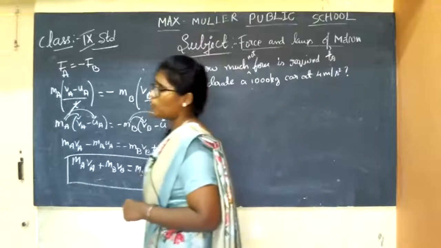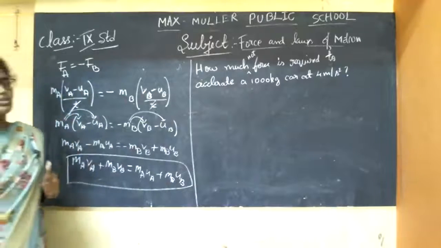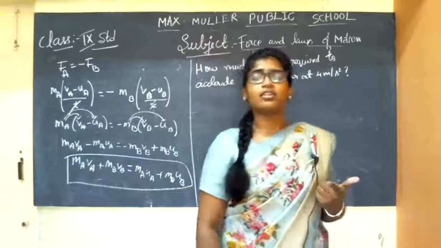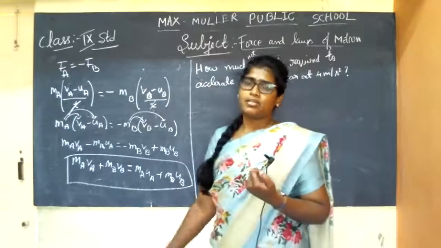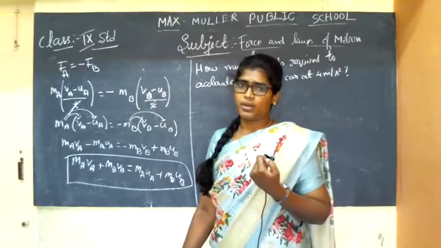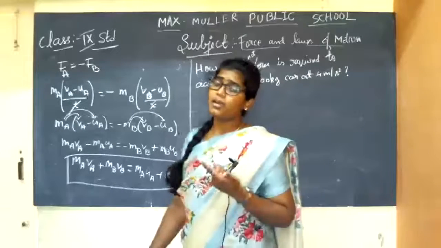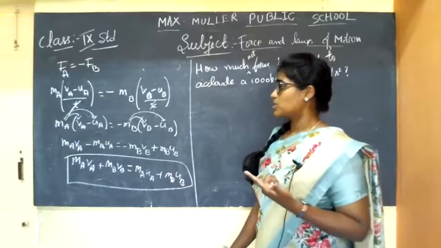Now, what is the thing? Based on which formulas will you have the problem? Based on Newton's second law of motion, and conservation of momentum. What is the conservation of momentum?